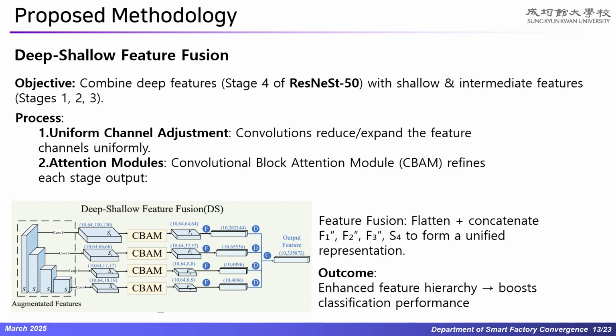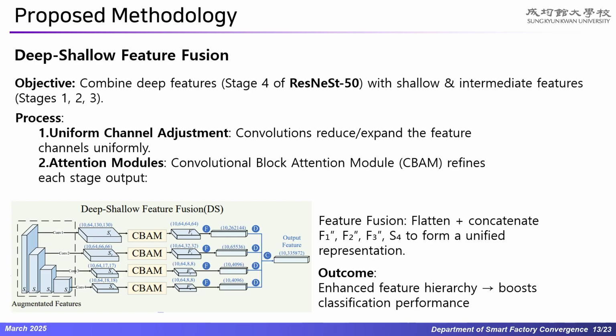And typically, deeper features from S4 capture more abstract semantic information, while earlier stages from S1 contain more fine-grained, texture-level features. By leveraging multiple hierarchical layers, the model can capture both low-level details like textures and edges from the shallow intermediate features, and high-level representations, semantic clues, from the deeper features.